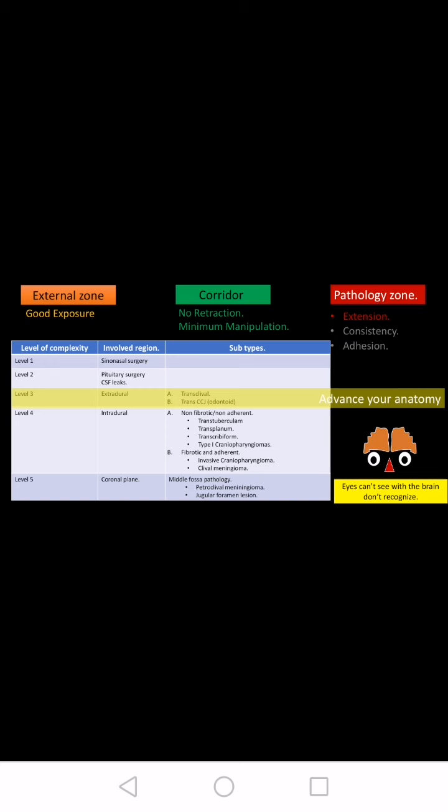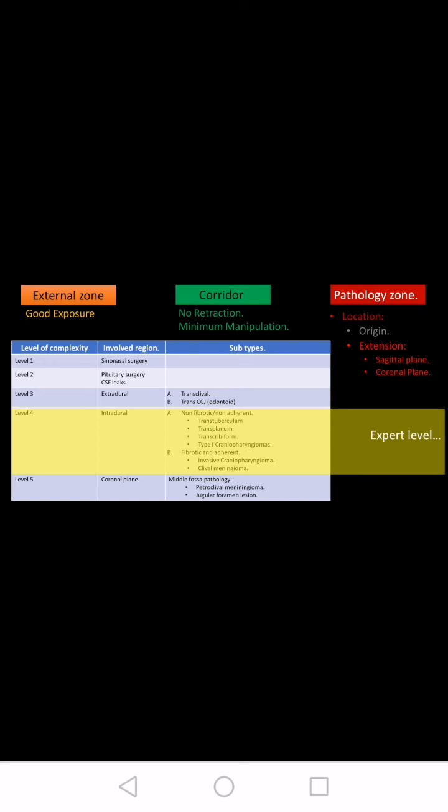Doing advanced procedures requires extreme understanding of nasal anatomy and techniques, as well as the type of pathology and extension in terms of neuroimaging, and that is considered to be an expert level. You need to do lots of procedures and work many hours in the lab before you do these kinds of approaches.